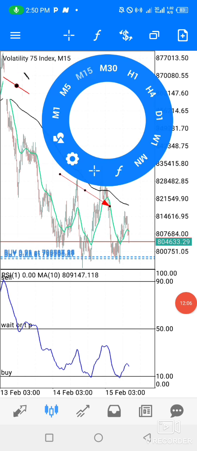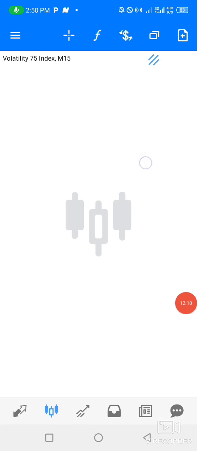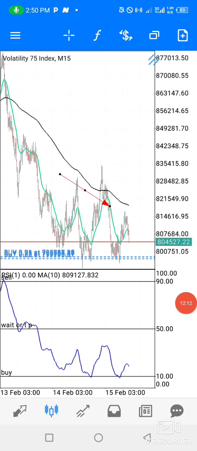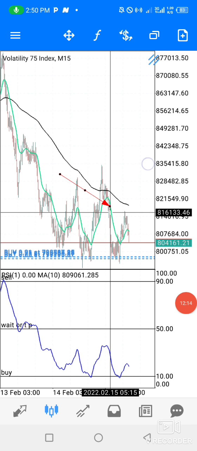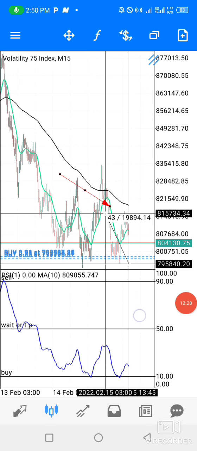You can see the pips I caught are so much. I believe the market is going to reverse in my direction. So you see, I caught almost 20,000 pips.